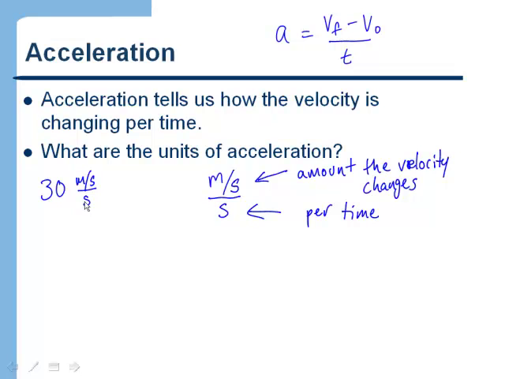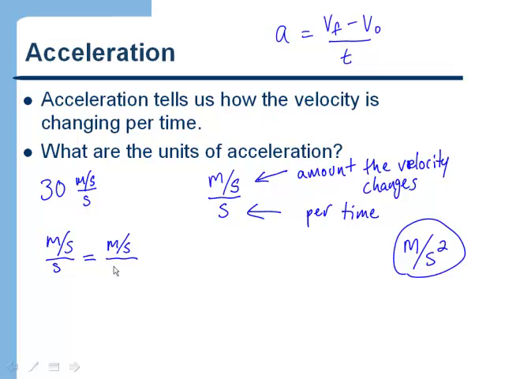Now, often when you see acceleration units written, it's written this way, as meters per second squared. And I want to show you where that comes from. So I've got meters per second over seconds. But I can deal with units just like I would any fraction. So that would be the same as meters over seconds divided by seconds over 1. And remember what we do when we divide fractions.